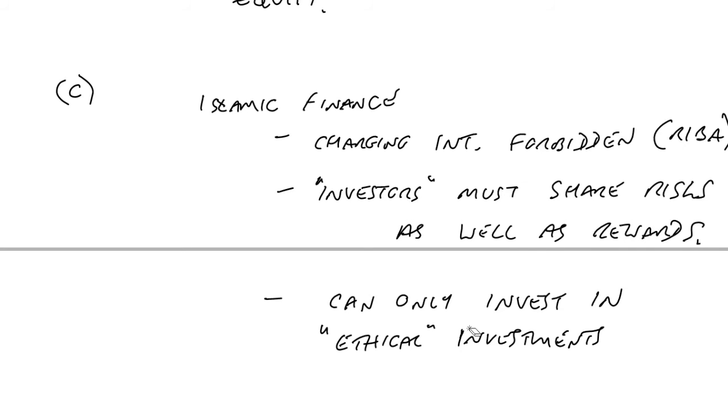It's got to be ethical in that sense of the word. So there we are. If I'd written that a bit more neatly, that would have got me most, if not all, of the 4 marks of Part C. All right, so which question was that? That was question 4.